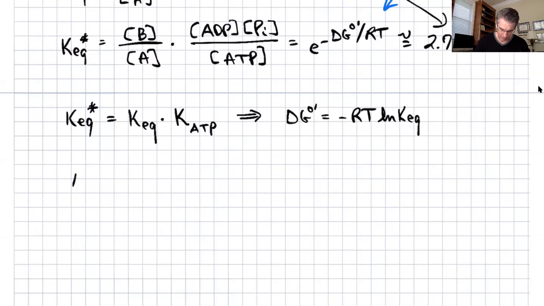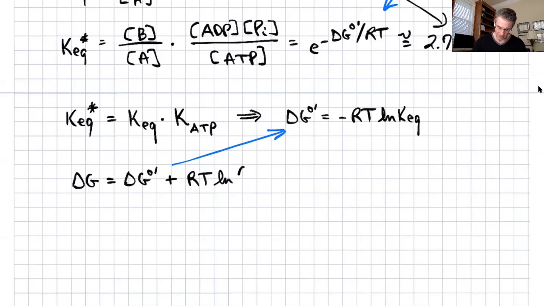Well, that means we can write this out a somewhat different way. Not at equilibrium, we would have some free energy under non-equilibrium conditions that's just equal to delta G naught prime for that process at equilibrium, which I just specified here, adjusted for whatever the concentrations of stuff happen to be in the cellular context.